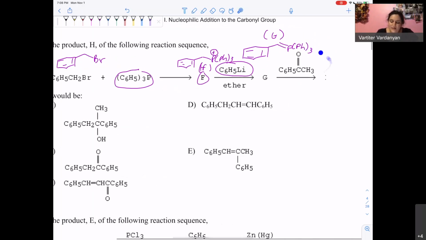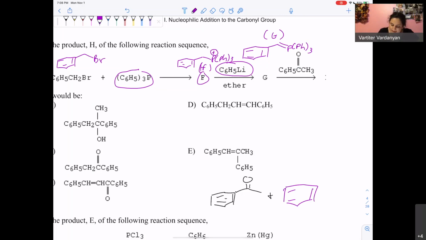Once you have G, they give you the ketone they want you to react it with. So in this example, you get this plus this, and I'm going to reorient it just a tad so it's easier to look at. So I'm going to put the PPh3 pointing up.